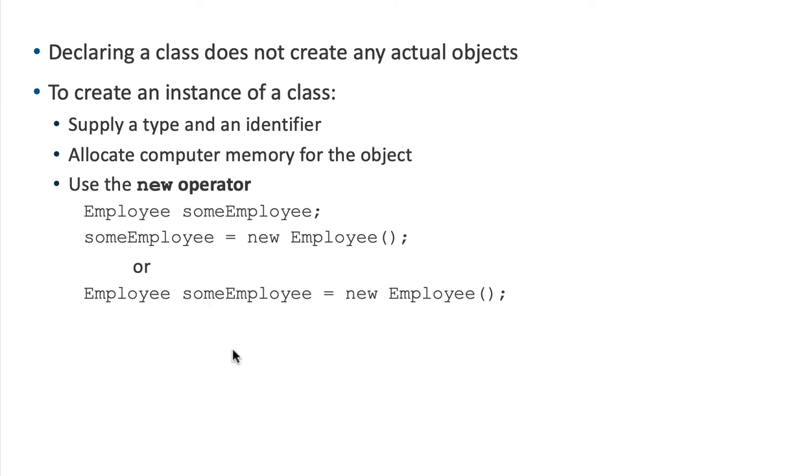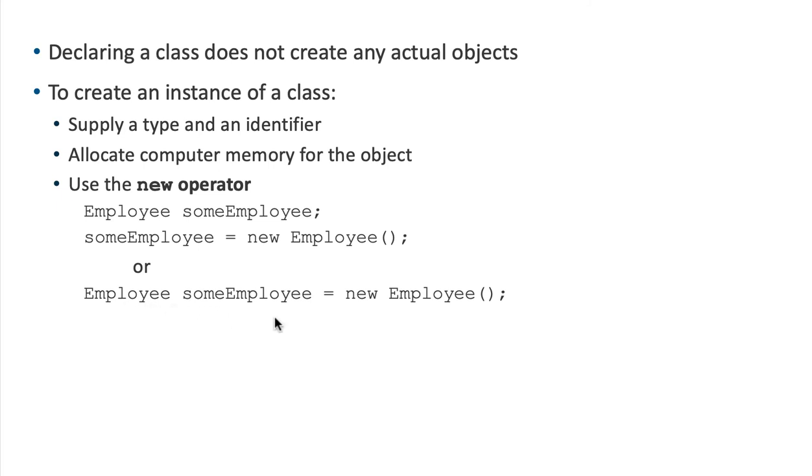So you either say someEmployee = new Employee(), or instead of using these two lines, you just go with one line and write Employee someEmployee = new Employee(). Whether you use these two lines to identify both of the steps or combine them into one line, you're going to have a new object with the memory associated with it.